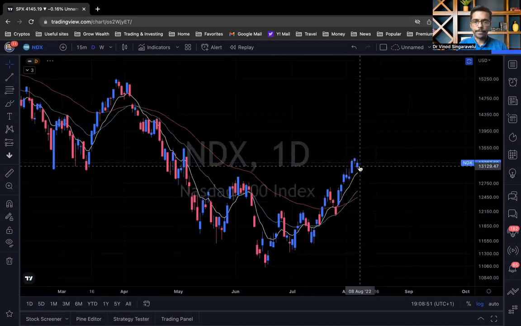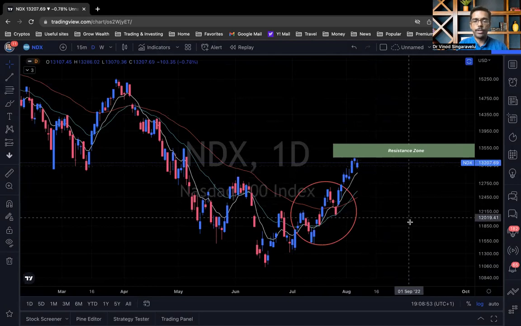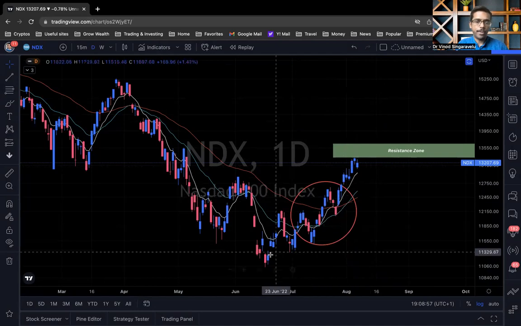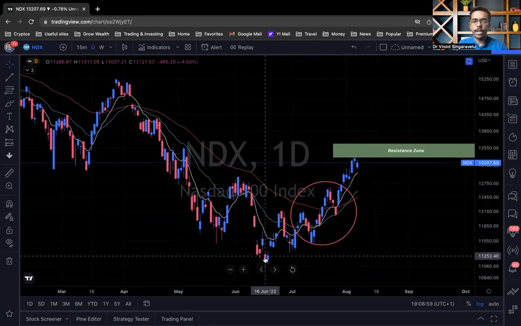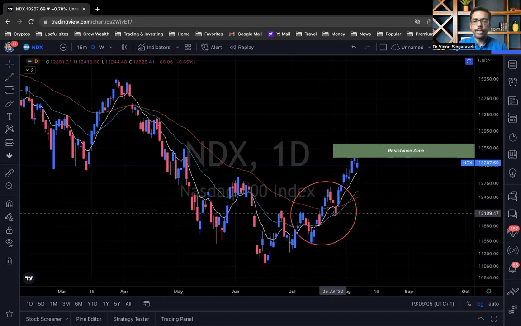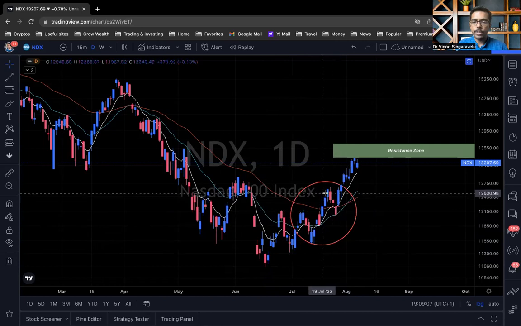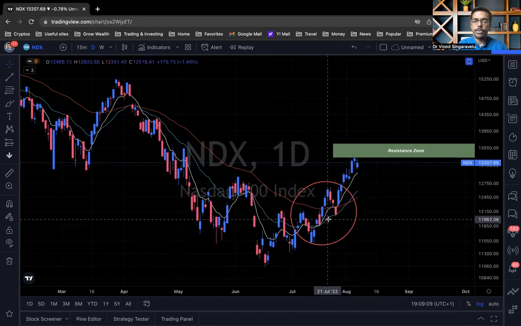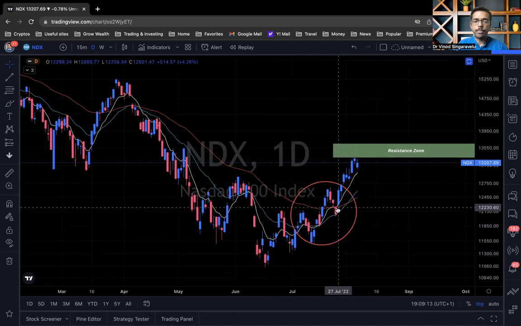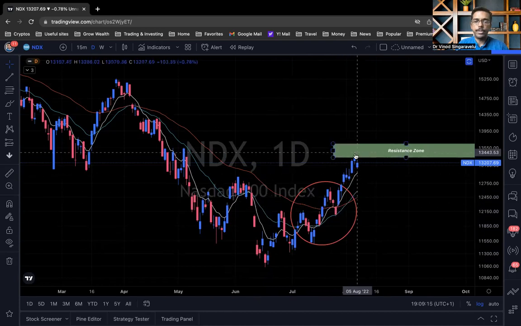This is NASDAQ 100 index and very similar presentation to S&P 500. Had a nice bounce after hitting its new low in June, and after reclaiming these key moving indicators and retesting once it recovered, retested and found support, and bounced off that moving average as support, and now hit the resistance zone.